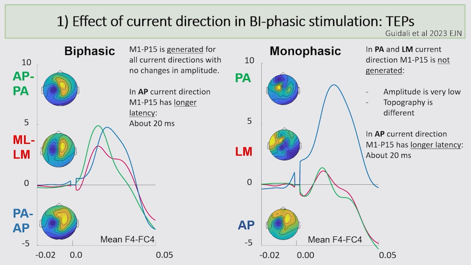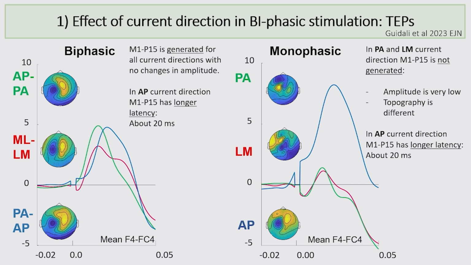In the monophasic stimulation, the M1P15 was identifiable only in the AP current direction, with higher amplitude and again longer latency. Interestingly, we did not find this component for LM and PA current direction.